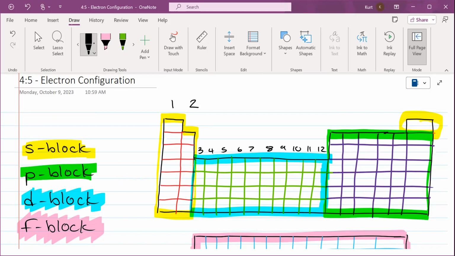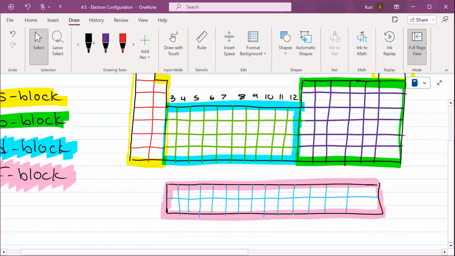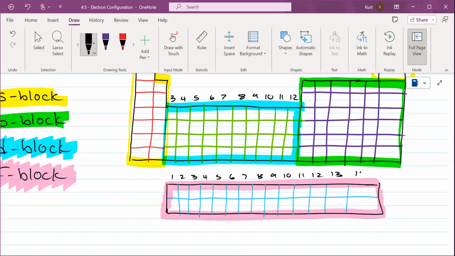Over here, we have 13, 14, 15, 16, 17, 18. How many columns is that? 6. And then down here, we have 1, 2, 3, 4, 5, 6, 7, 8, 9, 10, 11, 12, 13, 14.